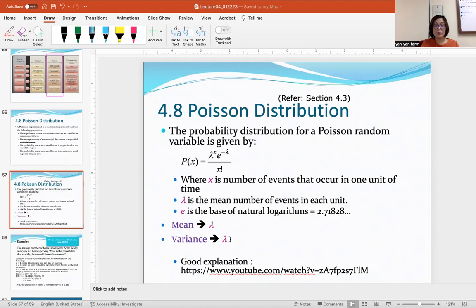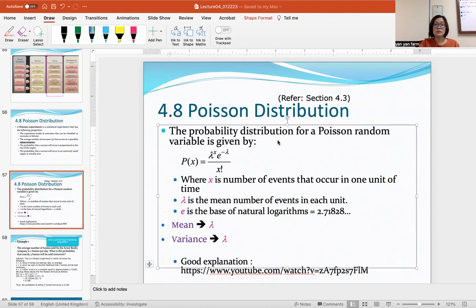What is the probability that your cat will bring 10 mice to you this week? In this kind of condition, you are going to use the Poisson distribution. When we look at the equation, the lambda is your mean, the e is the base of the natural logarithm, and the x is the number of events that occur.